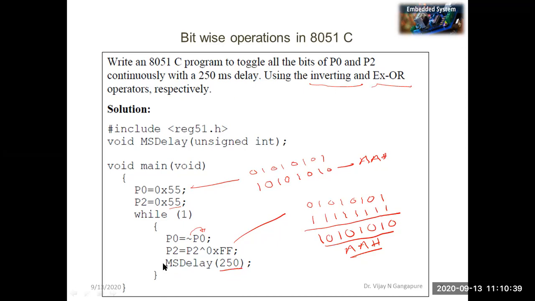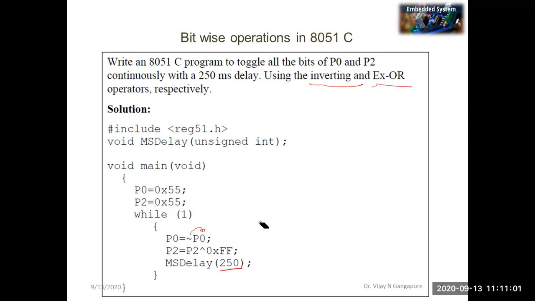So these loop statements are continuously executing, means it is continuously toggling data in port 0 and port 2. In this way we can write this program. Okay, so let us move to the next.